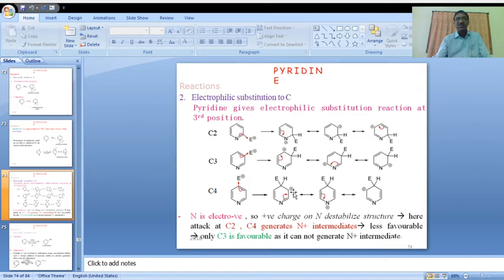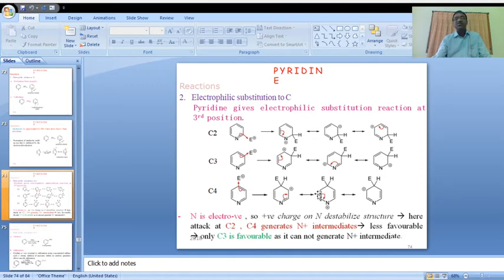In that case, C3 carbon gets positive. This is one of the contributing resonance structures from C4 attack. From this, if the pi bond shifts to this side, in that case the nitrogen heteroatom gets positive. This is the second type of resonance structure.